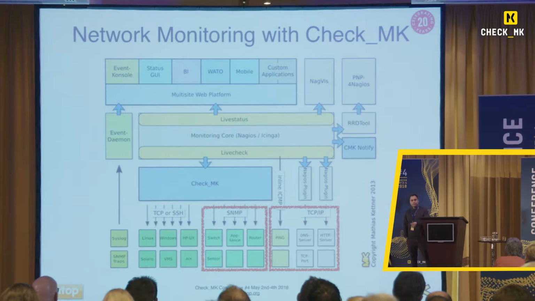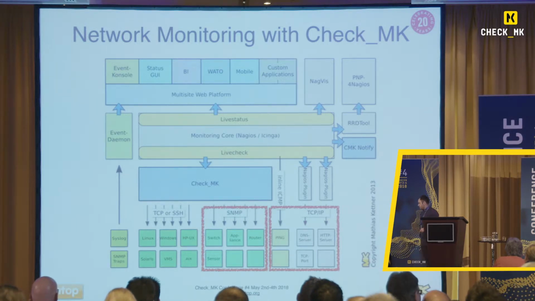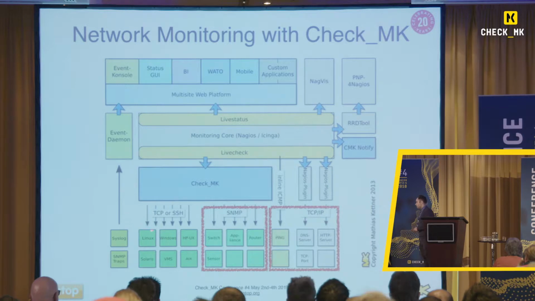So let me take this graphic that I've found on the CheckMK site. In this architecture, we can see how network monitoring is performed with CheckMK. With CheckMK, you have basically two things. You have SNMP, and you can use SNMP to talk with your switches and routers, or more in general, all the devices that don't support a CheckMK agent.